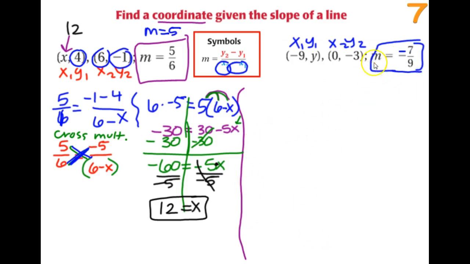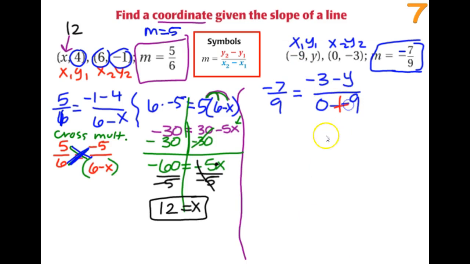So plugging this in, m, which is our slope, which is negative 7 over 9, equals y2 minus y1, so negative 3 minus y. Then on the bottom, x2 minus x1. Again, 2 negatives there make a positive.